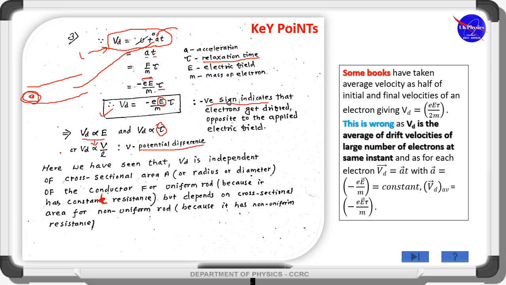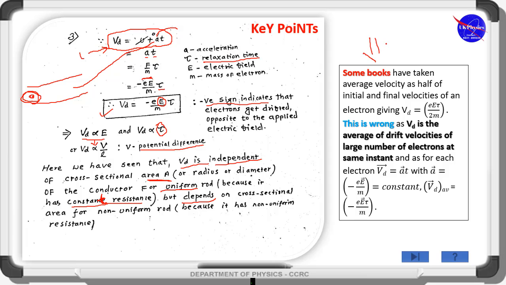So we have drawn a conclusion that the drift velocity is independent of the cross-sectional area A only for that conductor which is uniform. Uniform means constant resistance. If that conductor is not uniform, then obviously the drift velocity depends upon the cross-sectional area. Remember this concept, which is important for us.